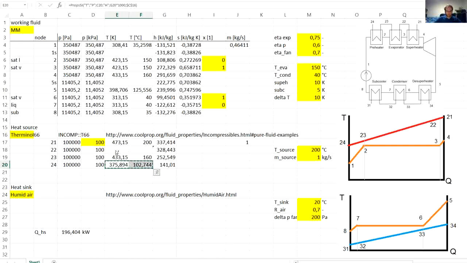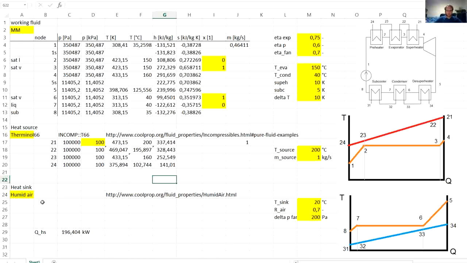And again, now we can just copy these two functions over here, and we can see that for the superheat, it takes just a small portion of heat, which is respective to around 4 degrees C at the heat source temperature.